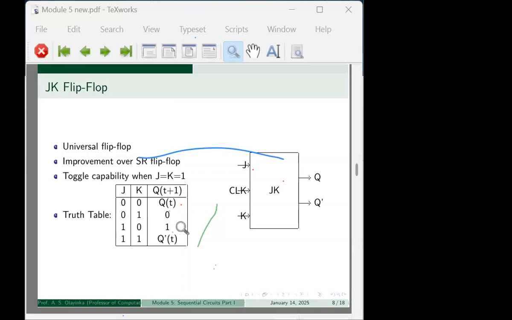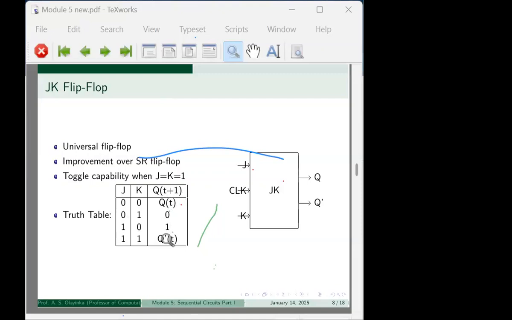Unlike the other one that has an invalid state, in this case we don't really have an invalid state. So what we have here is the existing states, and here you will have an inverted state of that particular JK flip-flop.